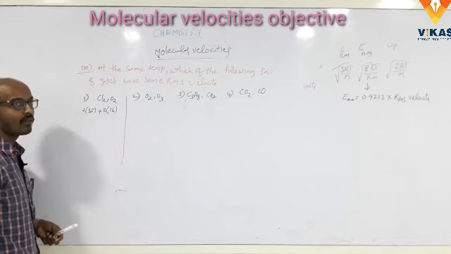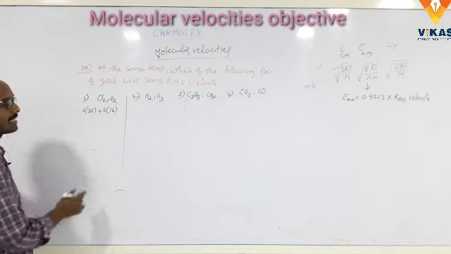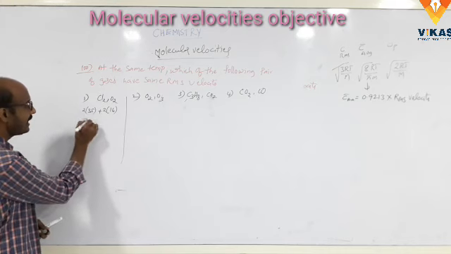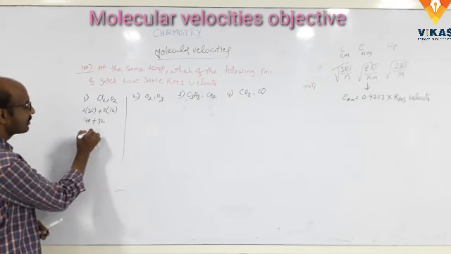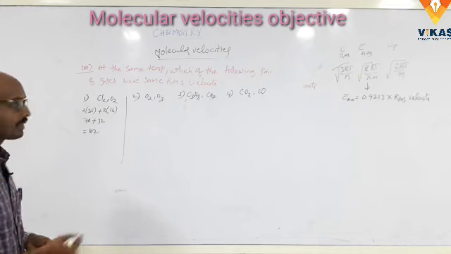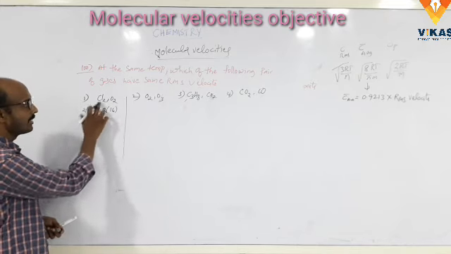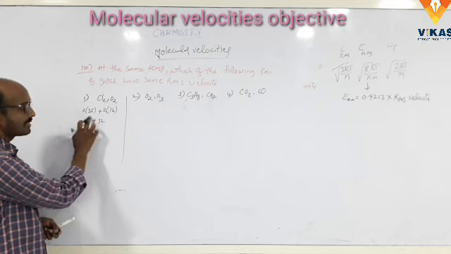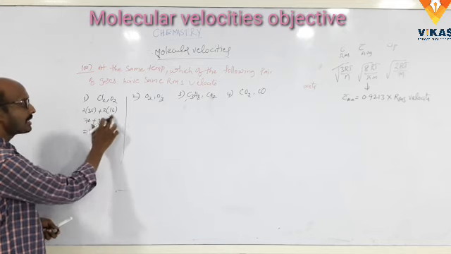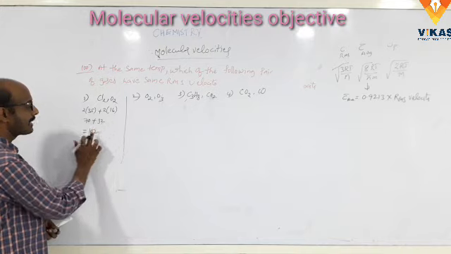Each oxygen has atomic weight 16. So 70 plus 32, that is equal to 102.